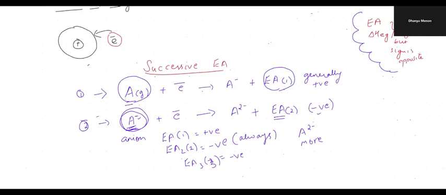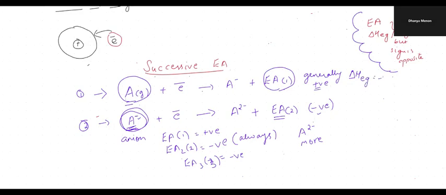Now, in the first step, electron affinity 1 is positive. So I'm just revising this with you, so don't get confused. Remember one, the other one is just the opposite. For example, if electron affinity 1 is positive, what about electron gain enthalpy? Definitely it will be negative.